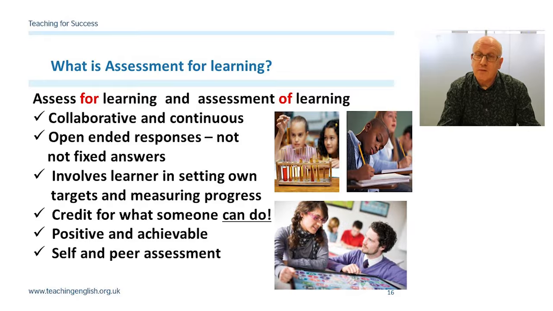It involves learners in setting their own goals, and fundamentally, it's supporting learners and giving credit for what they can do rather than for what they can't do, which is a theme of all of this. We'll look at something called self and peer assessment. But again, it's very much about assessment in terms of progress as well, and not just final outcomes. And I think that's what's really important.